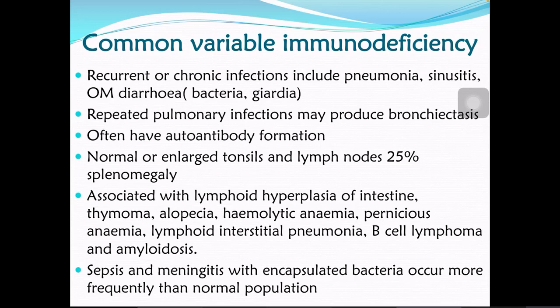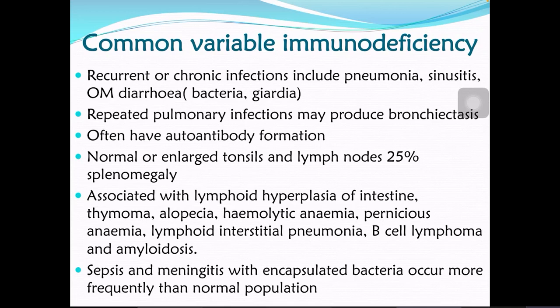They can have other associated phenomena. They can have thymomas, they can present with alopecia, they can have hemolytic anemia, pernicious anemia, lymphoid interstitial pneumonia, and they will, of course, also be at risk of developing lymphoreticular malignancies like lymphoma.